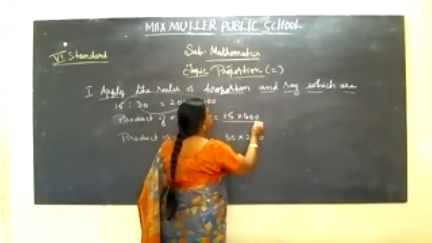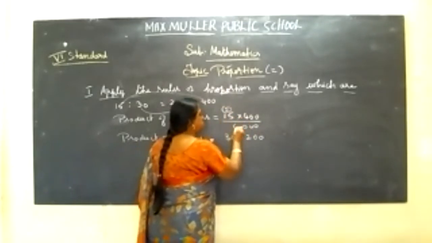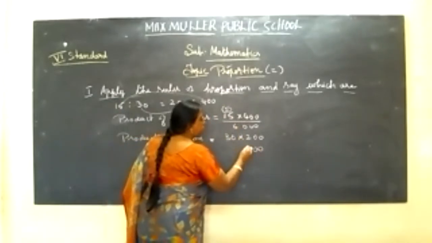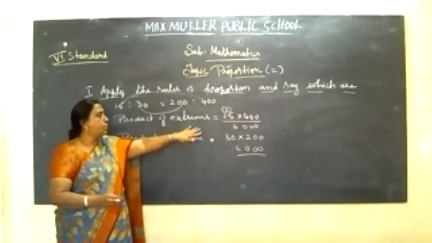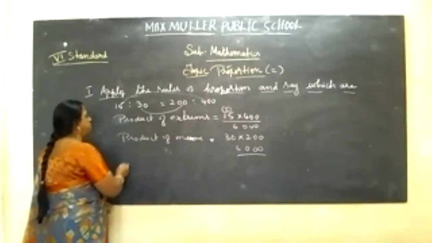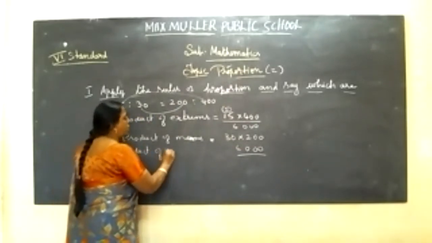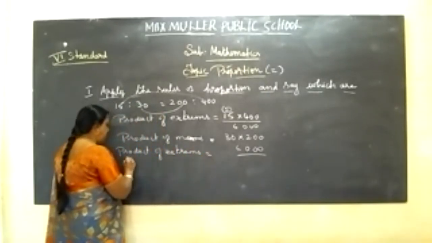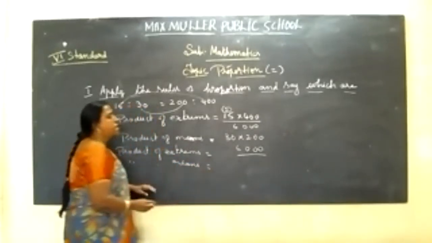Now here, 15 into 400: 5 4s are 20, 2 carry, 4 1s are 4, 5 6, 6,000 we got. Now the next one, 30 into 200: 2 zeros are 0, 3 2s are 6, 6,000. So both are equal. Product of extremes is equal to product of means, so they are in proportion.